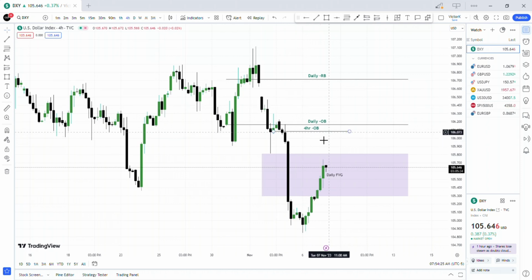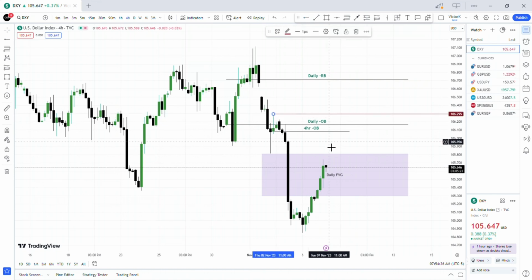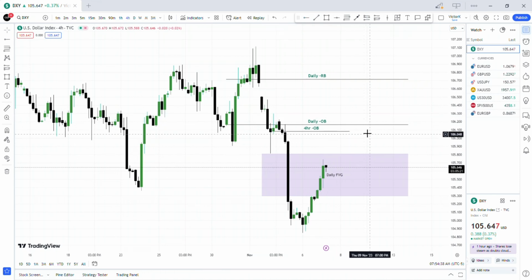We'll hit it. I'd like to see price going lower, but if it fails, that is if price goes above this high here, we're probably going to see price go all the way to this daily bearish rejection block. Basically, that is my opinion for DXY.